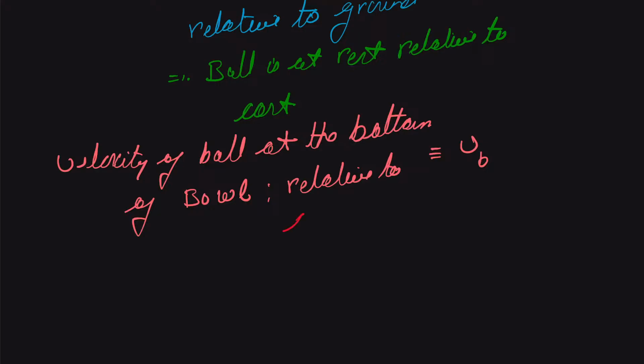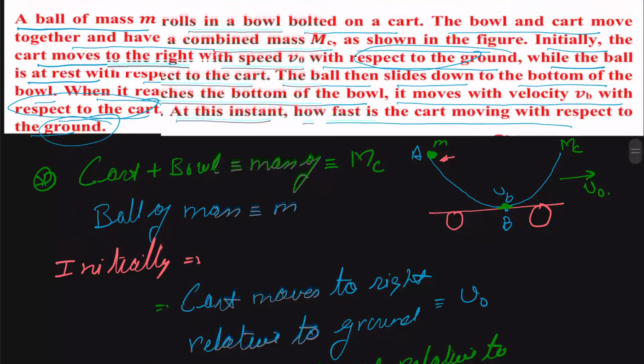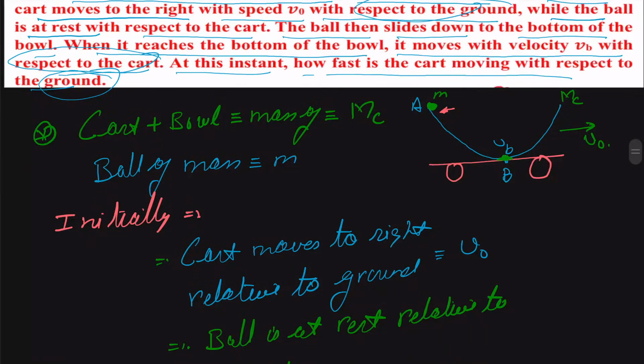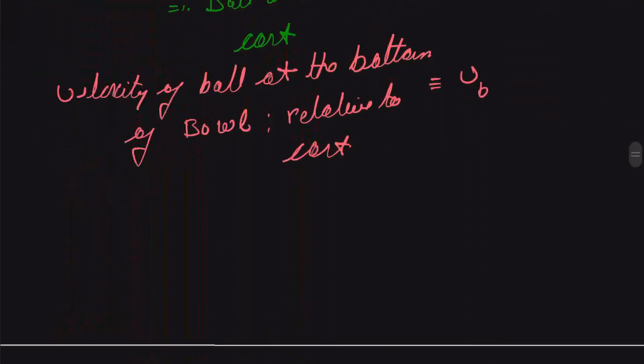And we have to remember that this VB velocity will be entirely horizontal. So we can just plug it here, and this VB will be a horizontal velocity.